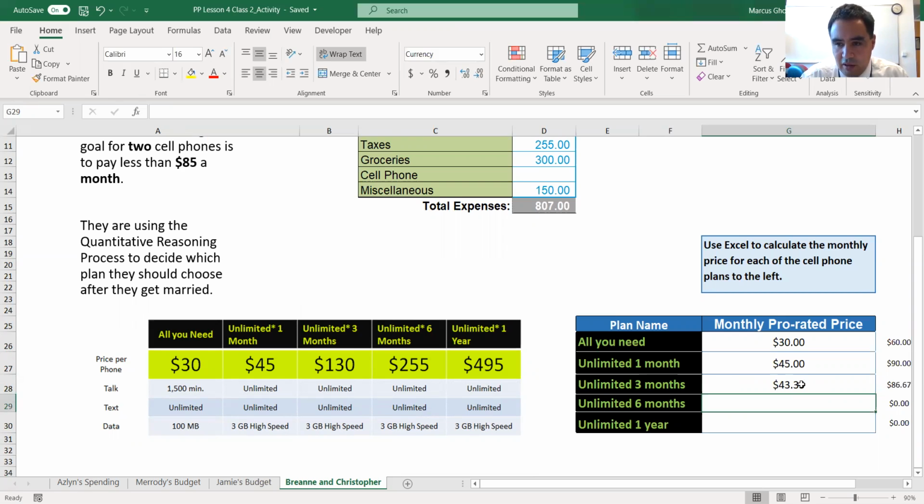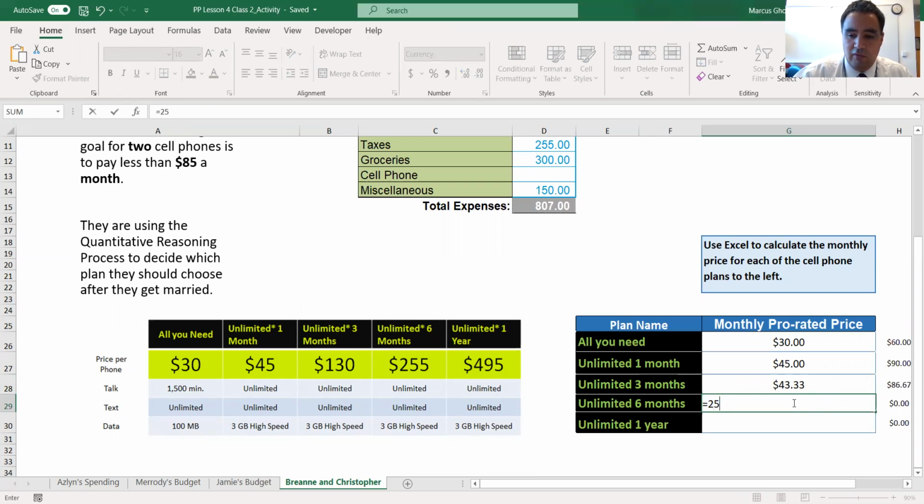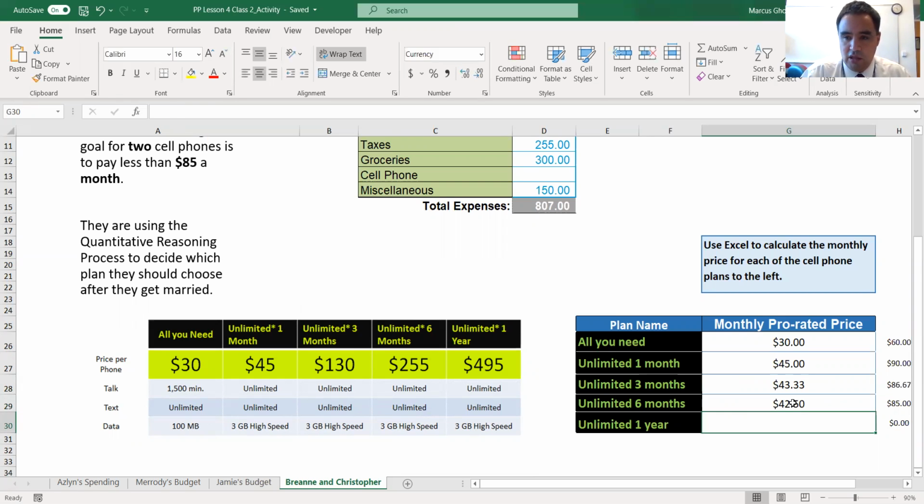So every month they're paying $43.33. For 6 months, that is 255 divided by 6, $42.50. And if they get a 1-year plan, 1-year contract, 495 divided by 12, that comes out to $41.25.